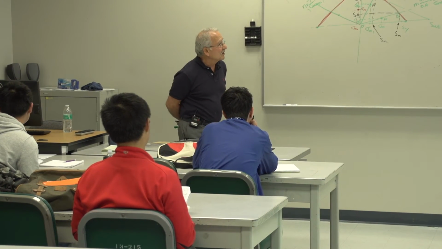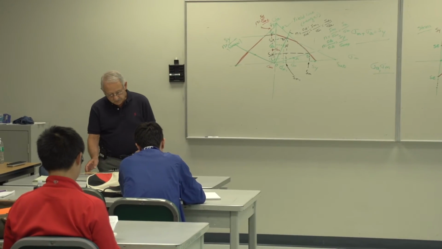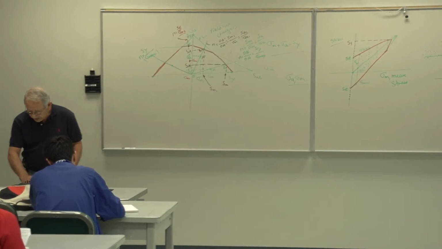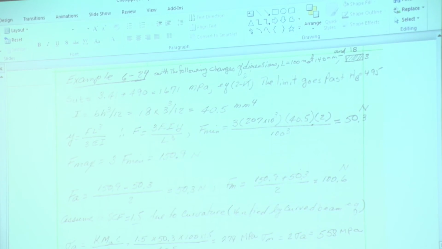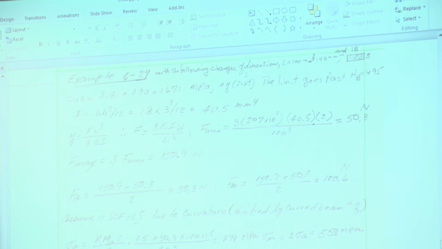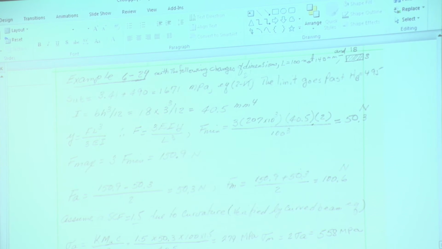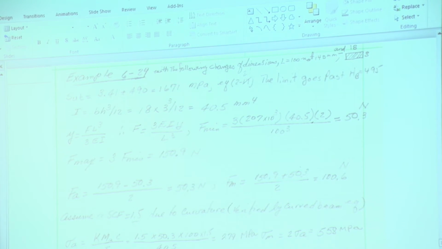And this example 629, this is a problem in your book, is a case in point. If you take a look at example 629, which used to have different dimensions. It's a little bit different than what we have here.